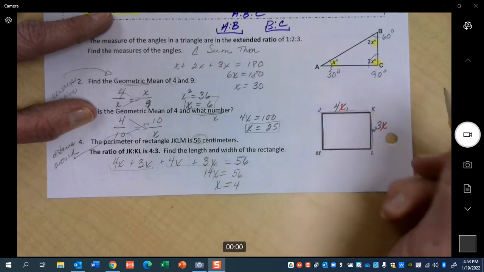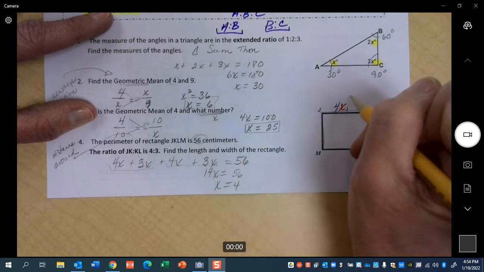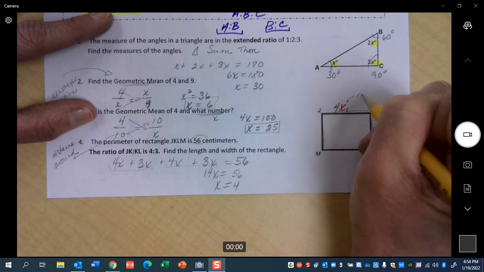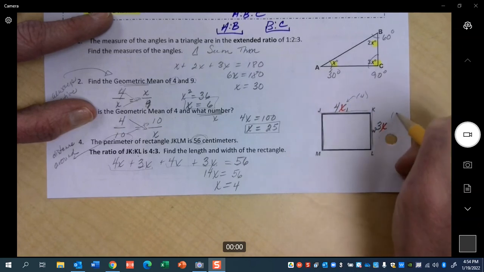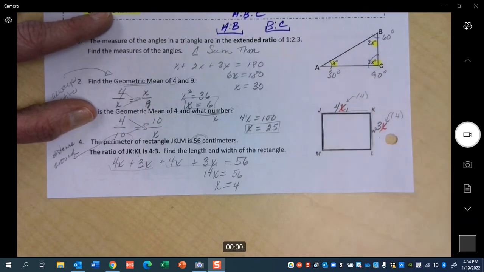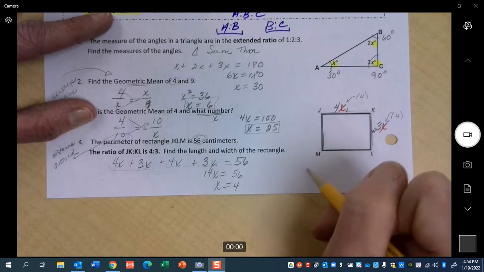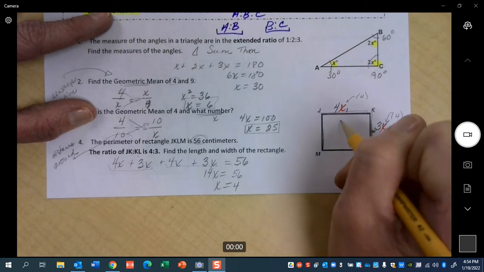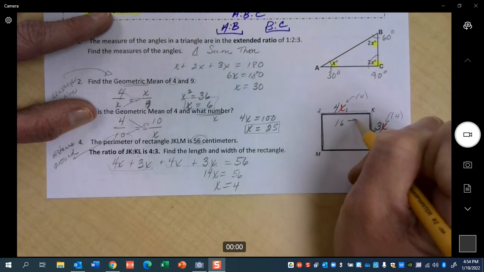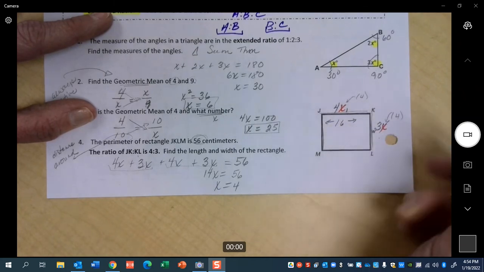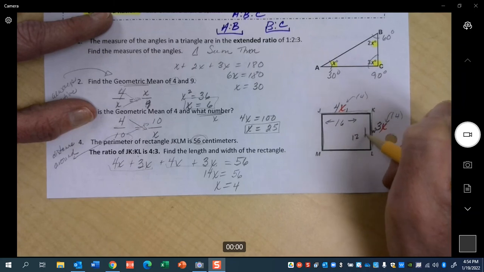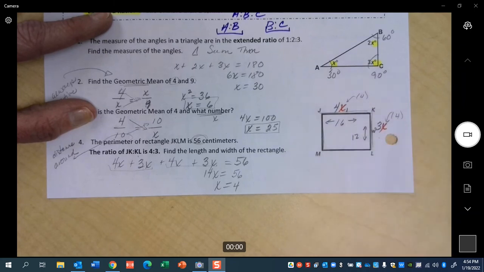That means that the 4 that I found is going to go in for each of those x's. So I now know that this side length is 16 centimeters from there to there, and this value here is 12 centimeters from there to there.